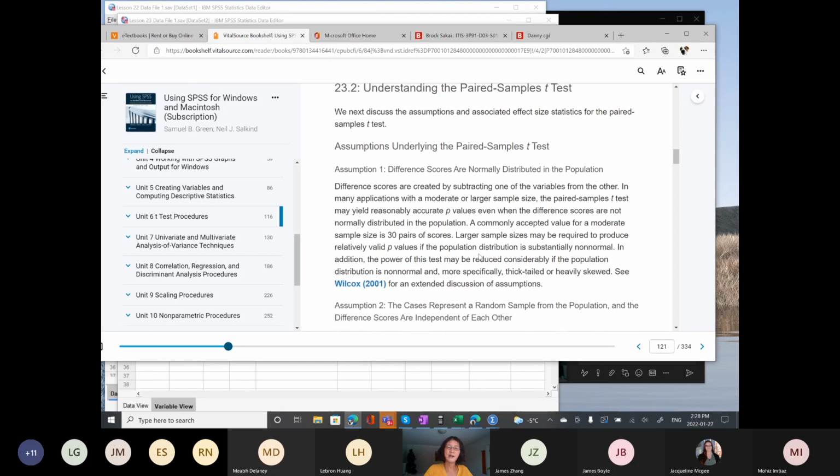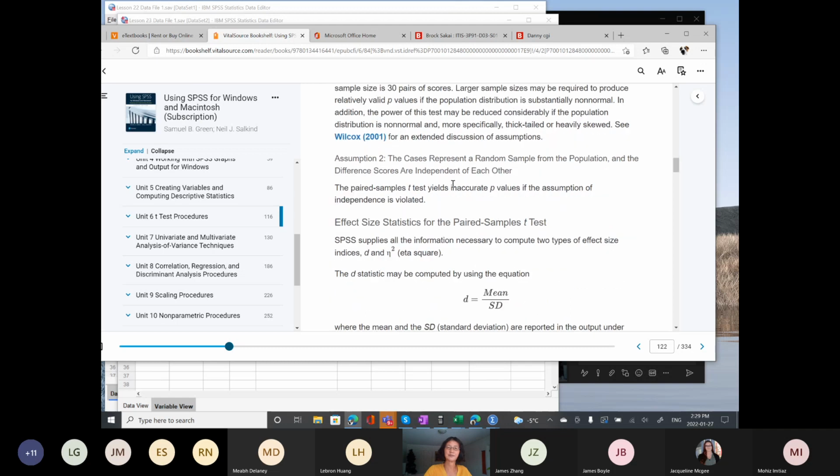The assumption for paired samples t-test is the differences are normally distributed. Remember, when you have paired samples, the very first step when you do manual calculation, you take the difference of those pairs. So assumption 1, the differences are normally distributed. Assumption 2, the cases represent a random sample.